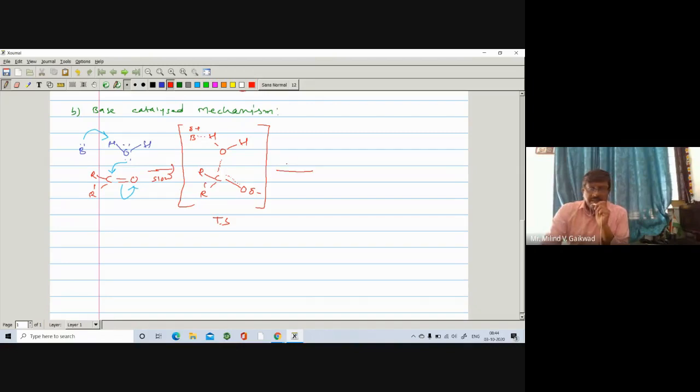And in the fast step, here, this is open completely. It forms a bond and you are having R, C, R dash. Here is O negative, and here there is a formation of O and H. It abstracts a proton and it forms a complete bond, right?